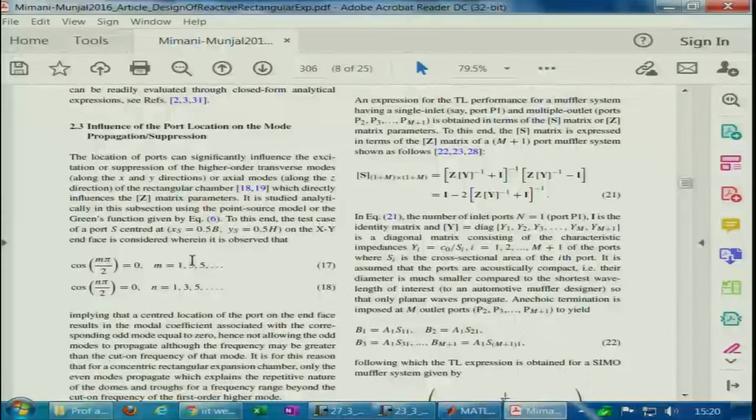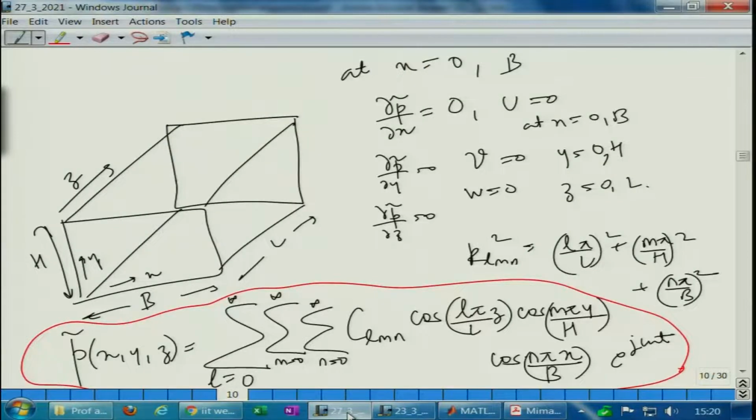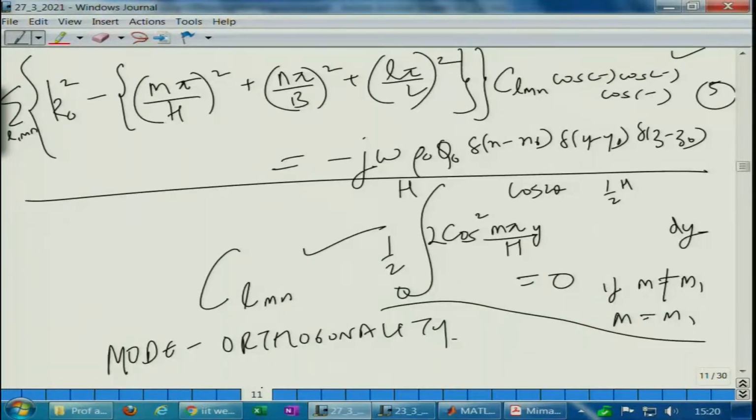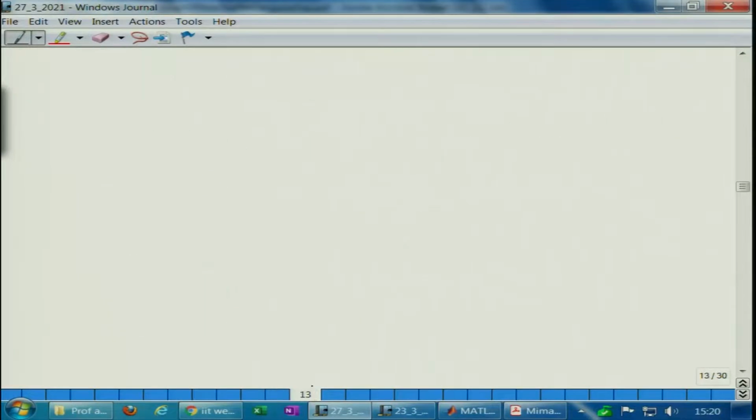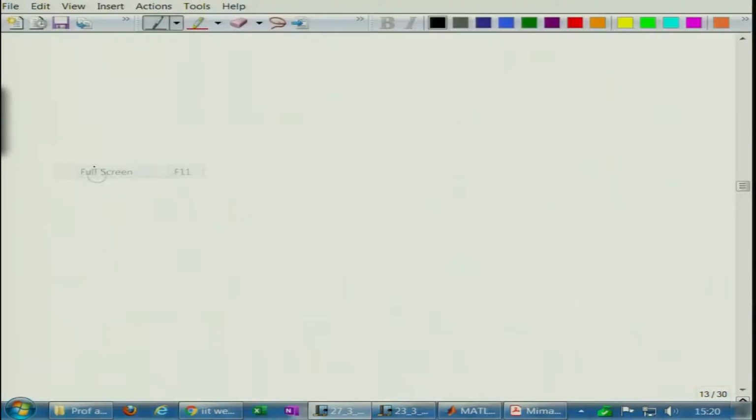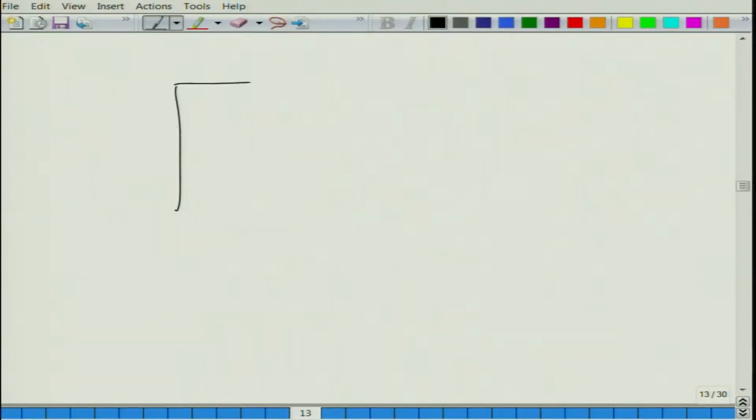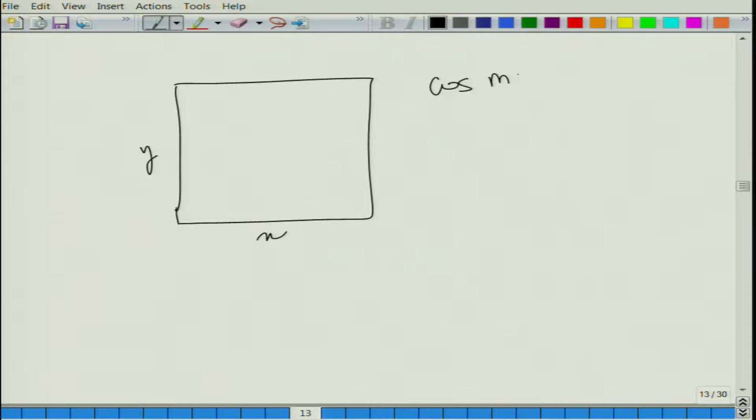The other thing that I want to quickly tell you is to consider the influence of the location of the port. This is something that you have to understand for a particular cross section. Say, let's say m, this is x direction, this is y, cos of m pi x by b.